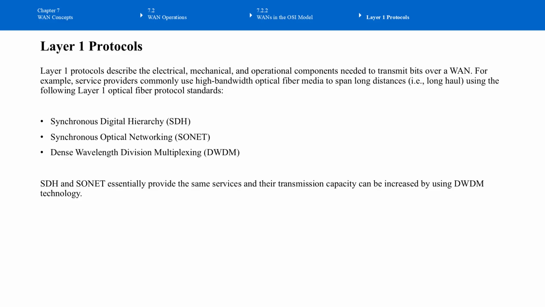For example, service providers commonly use high bandwidth optical fiber media to span long distances, using the following Layer 1 optical fiber protocol standards: the Synchronous Digital Hierarchy, SDH, Synchronous Optical Networking, SONET, and Dense Wavelength Division Multiplexing, DWDM.